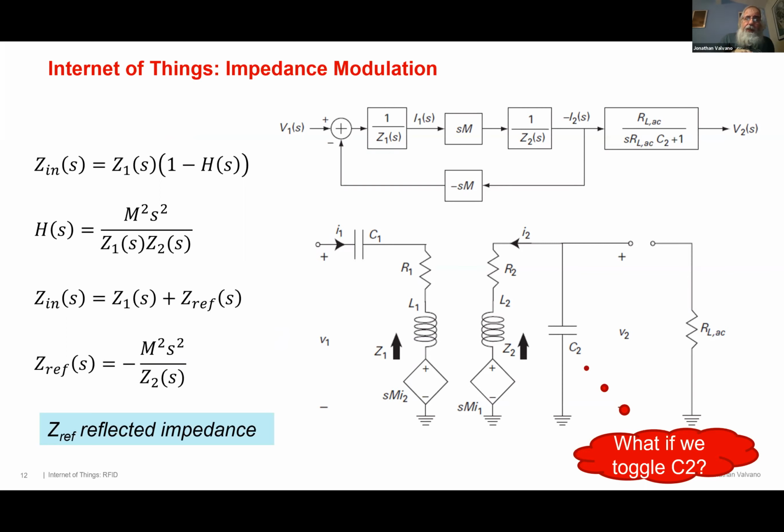If V1 is a constant and I toggle C2, what parameter here is going to toggle? Yes, I2 will toggle and V2 will toggle. But one more is going to toggle. Look at. See?